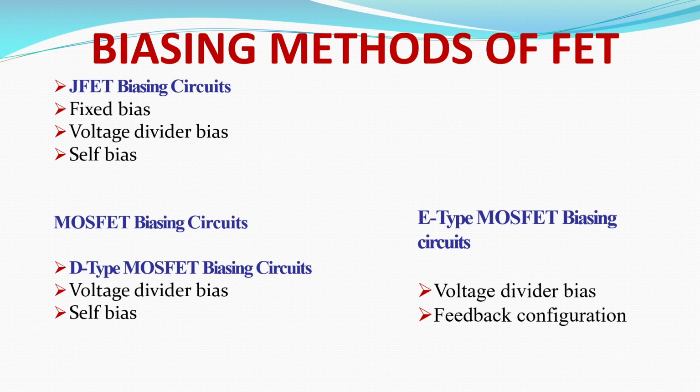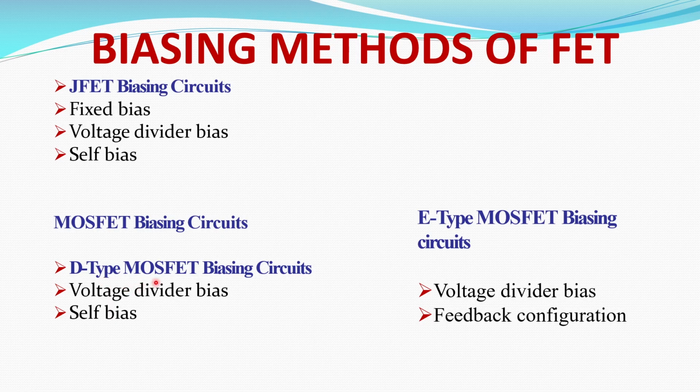And next comes the biasing methods of FET. These are some of the biasing methods of the FET amplifier. FET is classified into two types: one is JFET and the next is MOSFET. In the JFET biasing circuit, there are three types of biasing methods: fixed bias, voltage divider bias, and self bias. The MOSFET biasing circuit is classified based on depletion mode and enhancement mode.